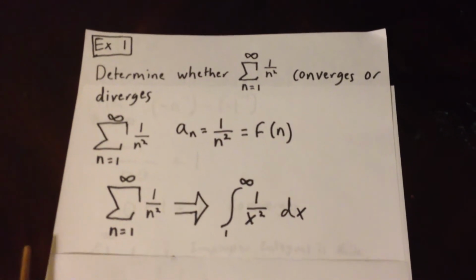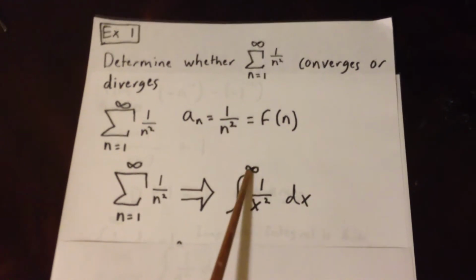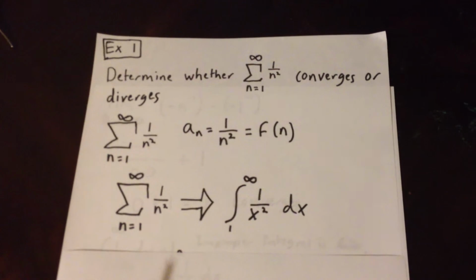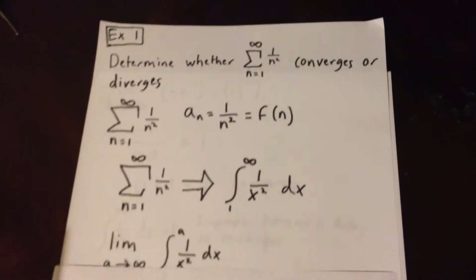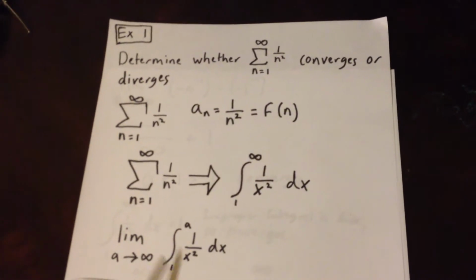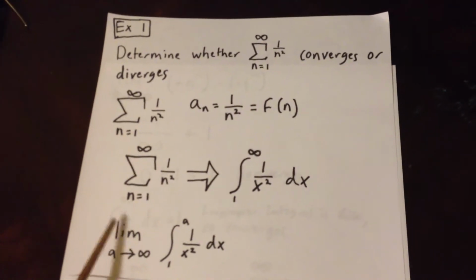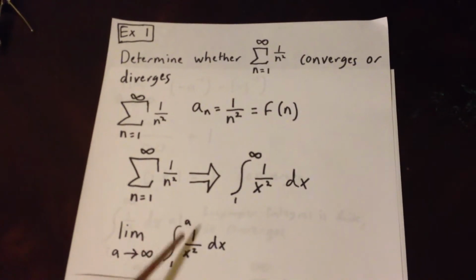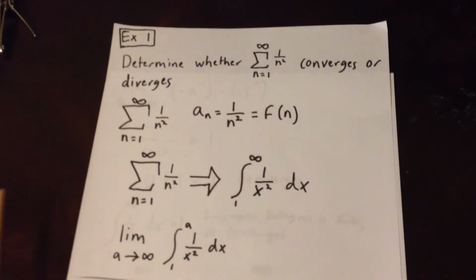To begin, you can't use this improper integral directly because there is an infinity as the upper bound. So you have to convert it into limit notation and replace this infinity with a variable. So the limit as a approaches infinity of the integral from 1 to a of 1 over x squared dx.